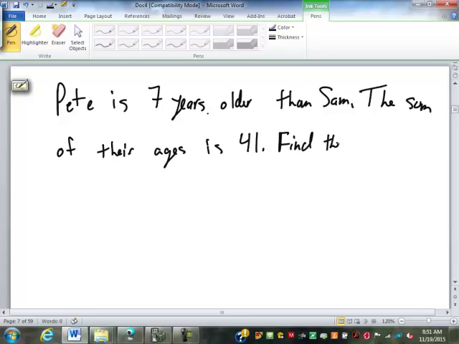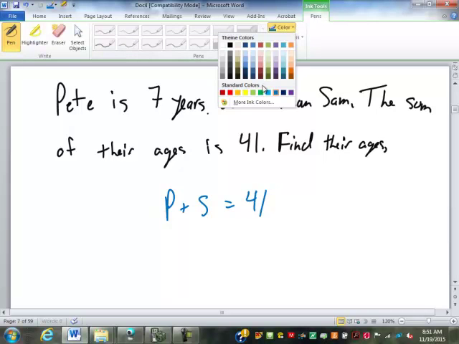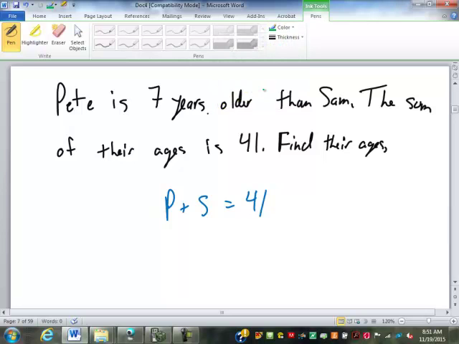Find their ages. So we might have P plus S equals 41, right? But again, we don't want 2 variables. That's P for Pete's age, S for Sam's age.